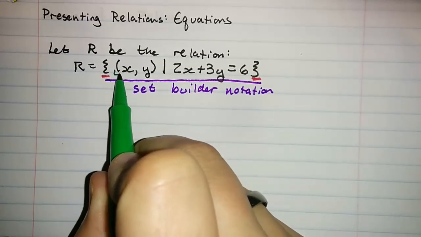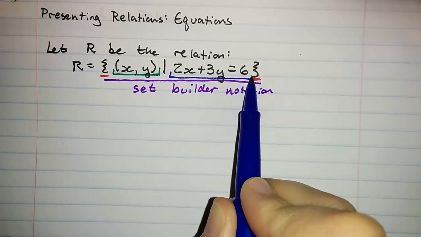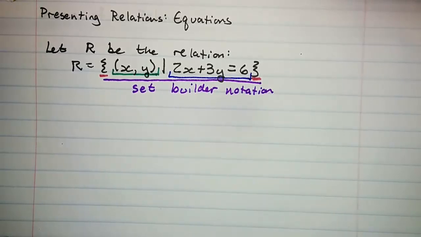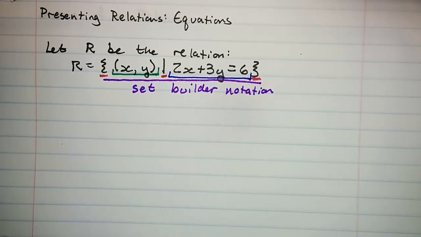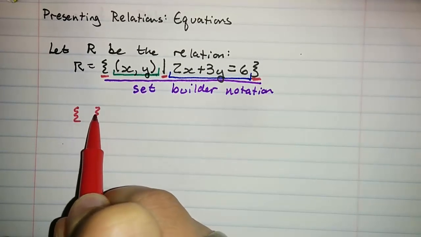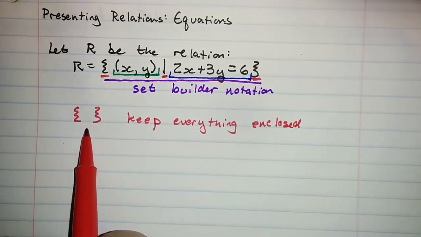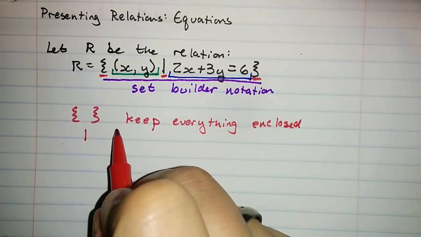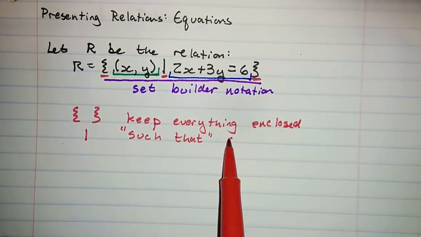This part, x and y, and then this part, which is an equation, and this vertical line. The set brackets just keep everything enclosed. The vertical line, which we read "such that," separates the parts.